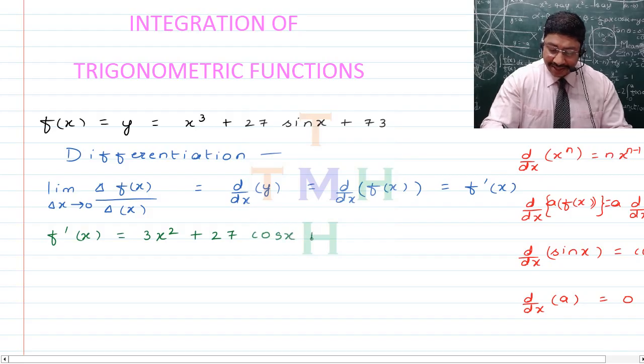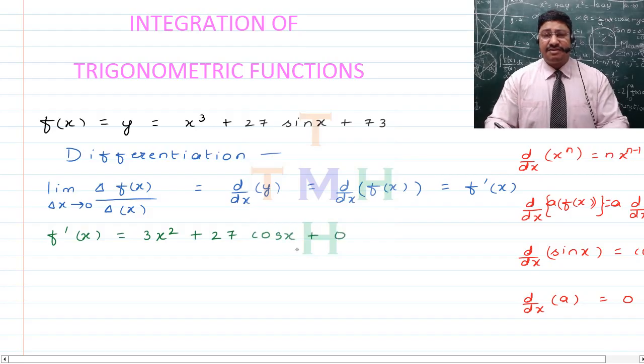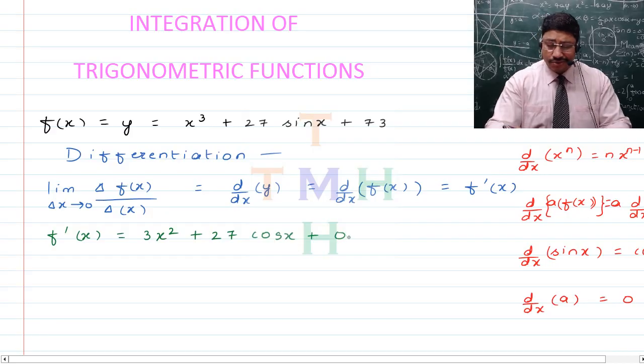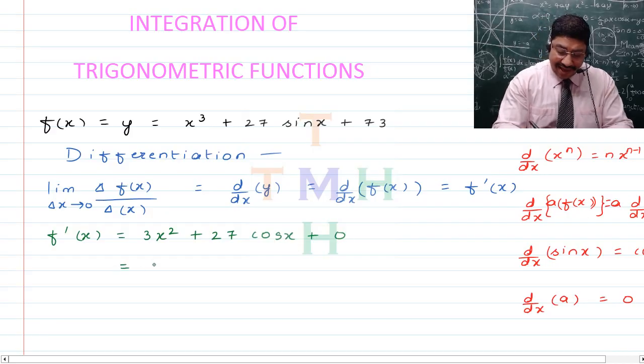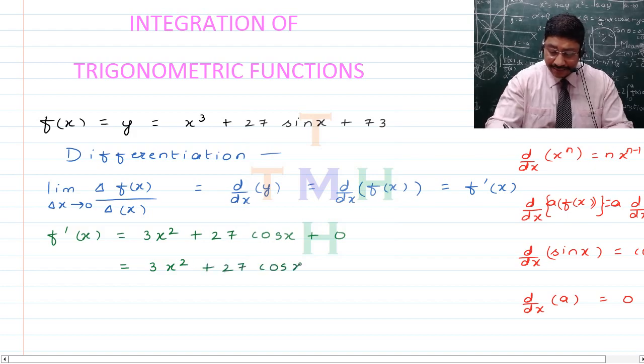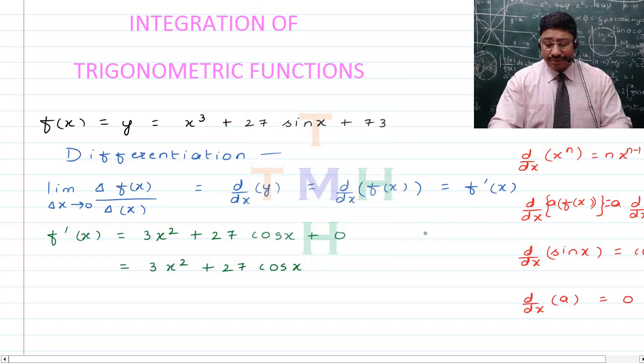And to that you will be adding 0, as the derivative of a constant is 0, and since 0 is the additive identity, finally the derivative will become 3x square plus 27 times cos x. That's it, because 0 being the additive identity will quietly vanish.